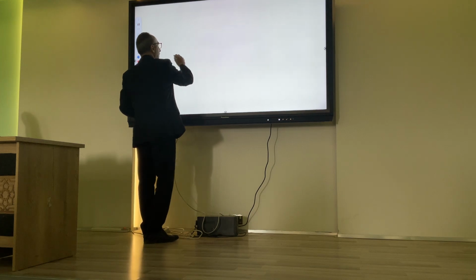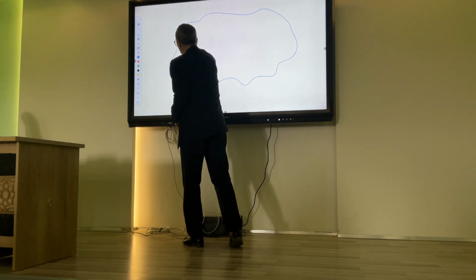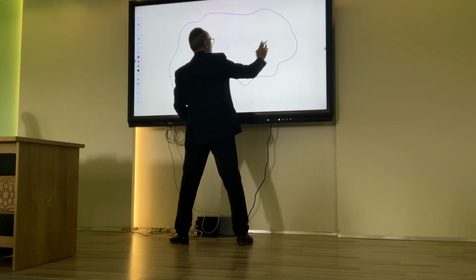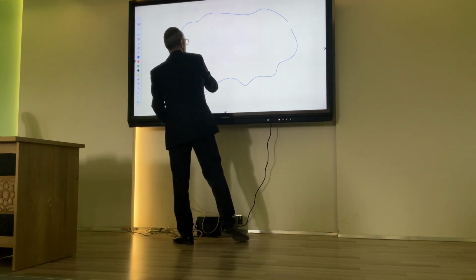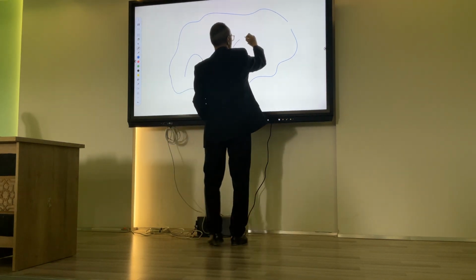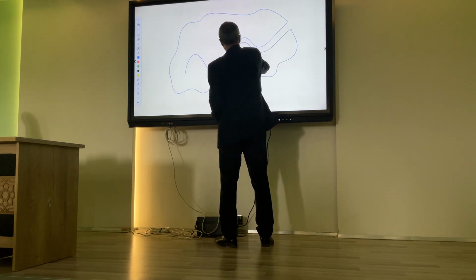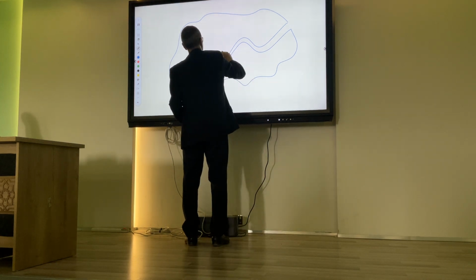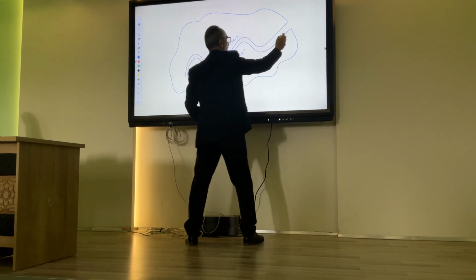If this can be supposed to be the map of London, this is the Thames River, and this is the sea.